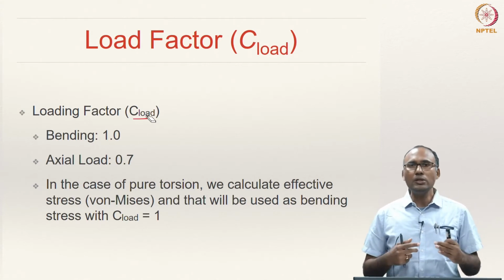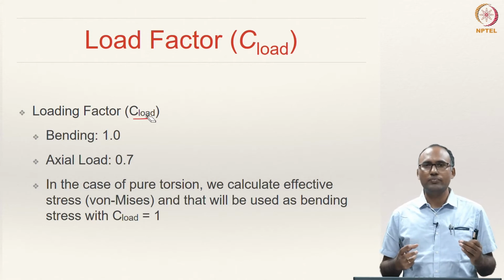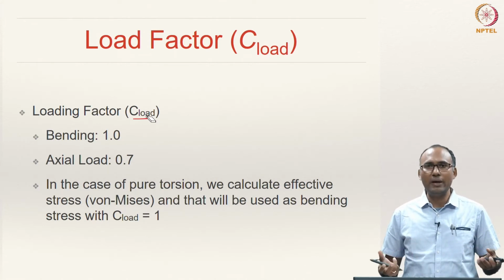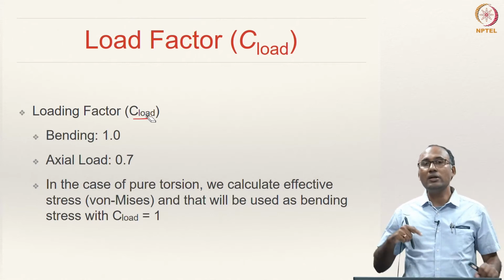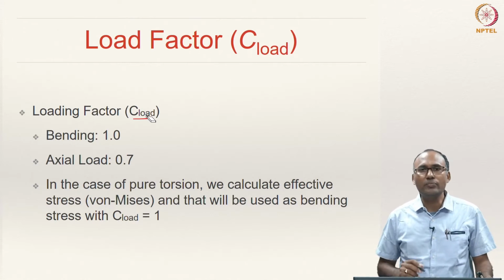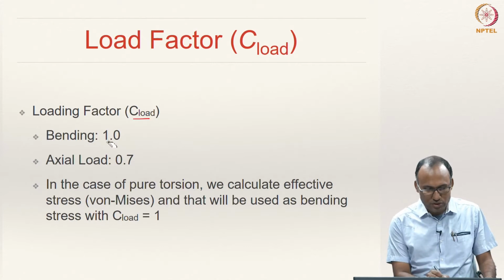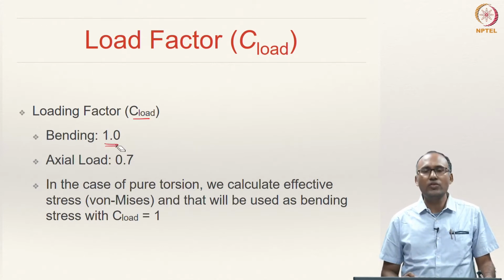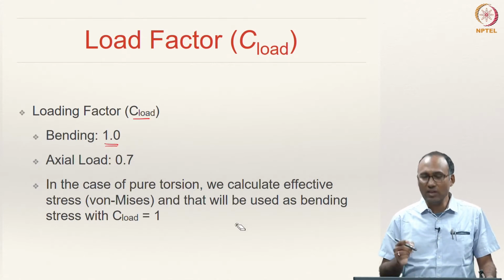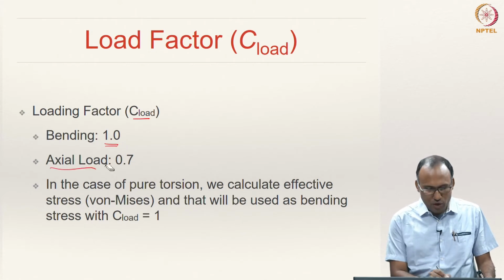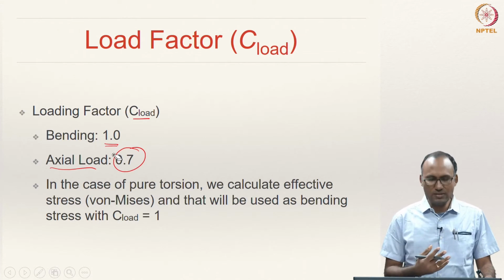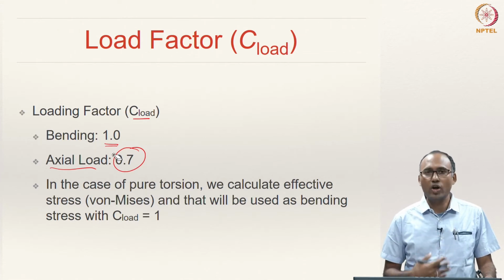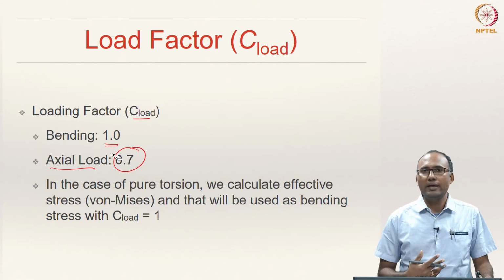You know that the rotating beam bending test data is obtained by applying a bending load. So, if your real world application is also subjected to bending load, then you use a load factor of 1. But if the real world application is using axial load, then you should use a load factor of 0.7. These numbers are obtained by experience.